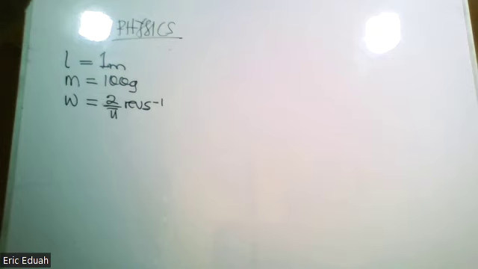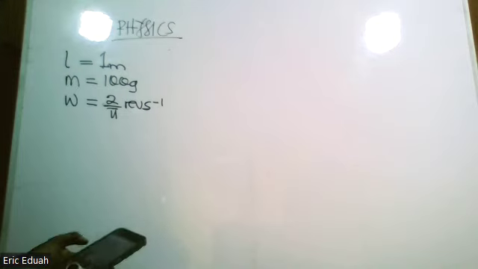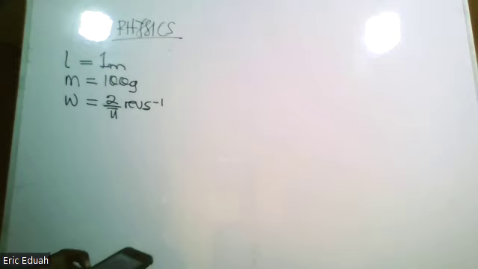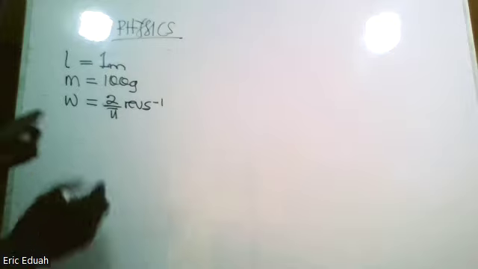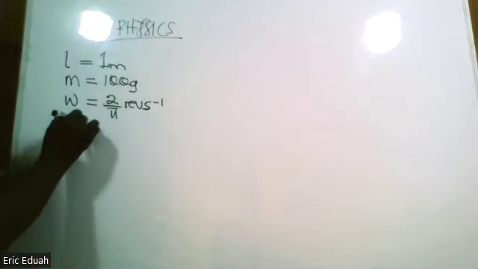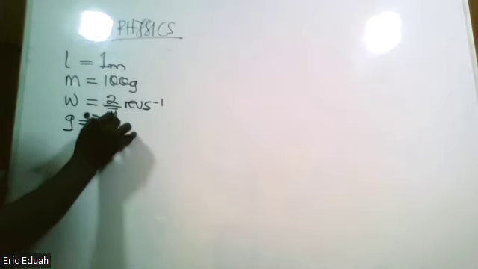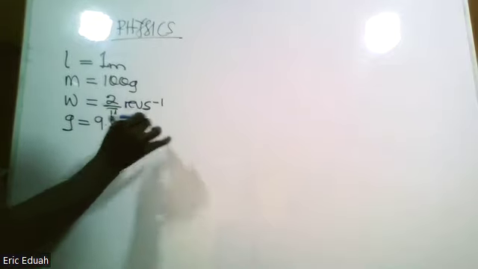It's revolutions per second, around a vertical axis passing through its end. Calculate, A, the angle of inclination, and then the tension, and then the linear velocity, when gravity this time is given as 9.8 meters per second squared.